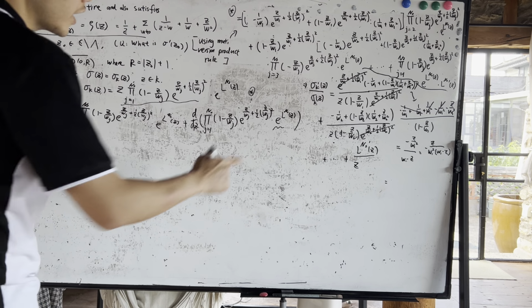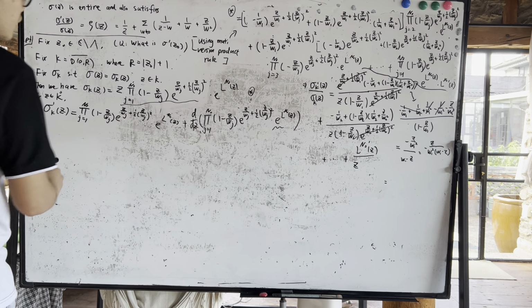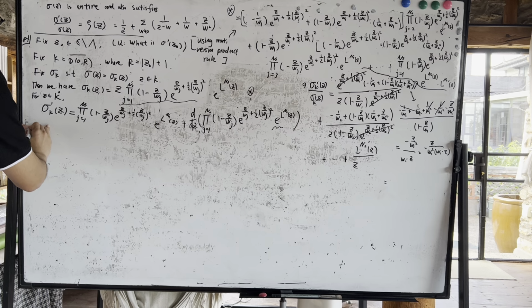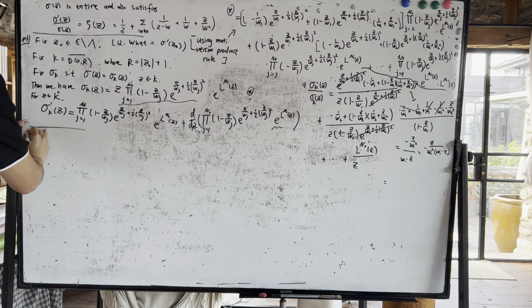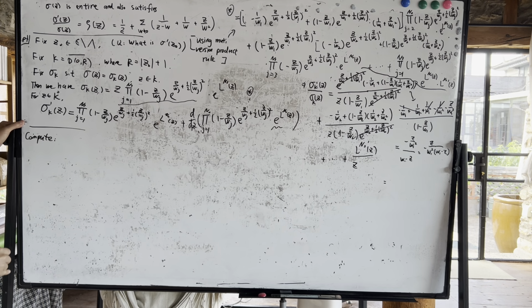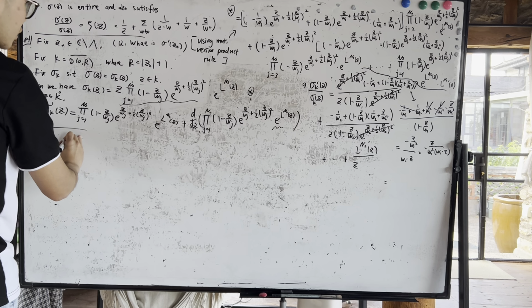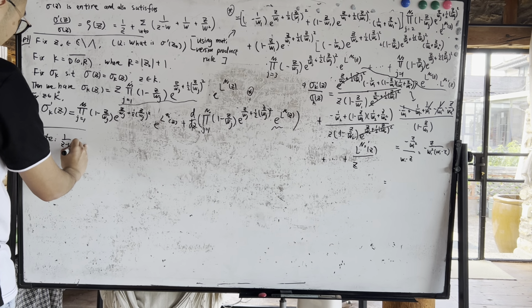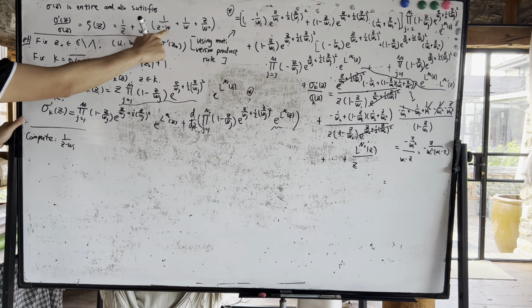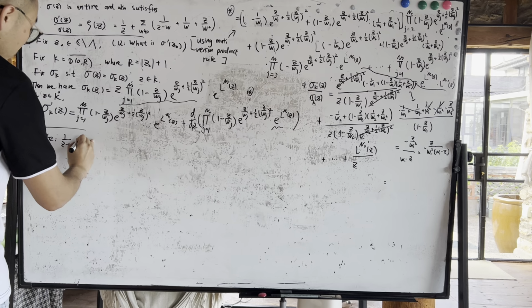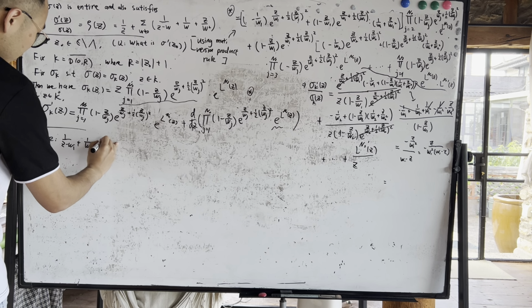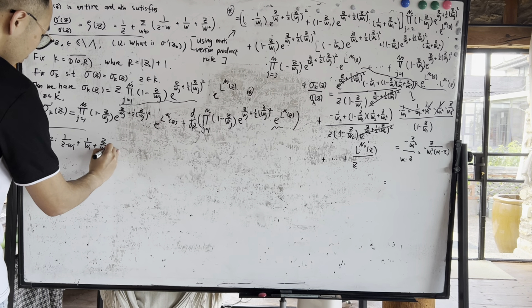Let's check this one. Let's first compute this one. So 1 over z minus omega; let's substitute omega 1 for this omega. So plus 1 over omega 1 plus z over omega 1 squared.